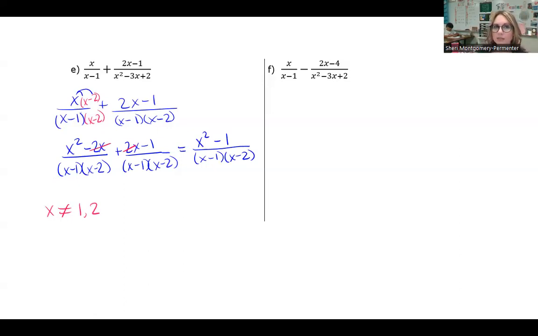Can we factor x squared minus 1? It's perfect squares. So that turns into x plus 1 and then x minus 1. Are there any factors in the numerator and denominator that can reduce? Yes, anything that can pair up. Those can pair up. Anything else?